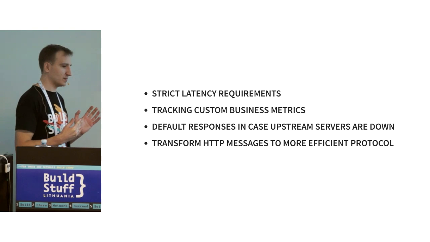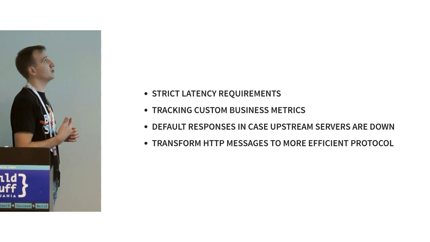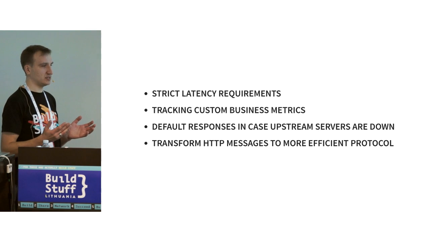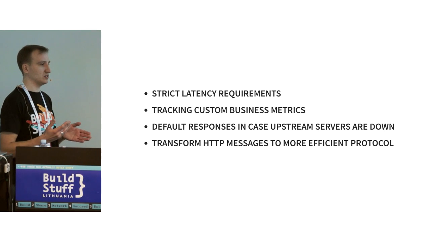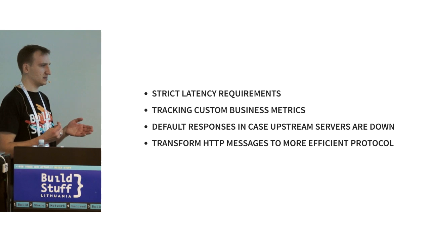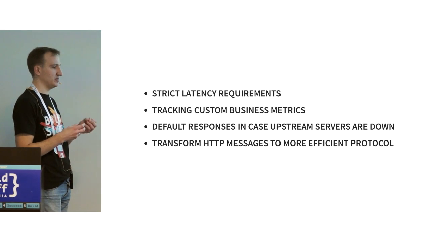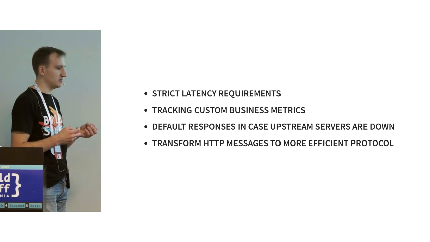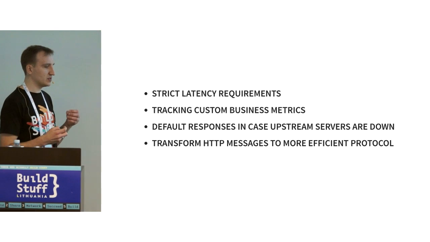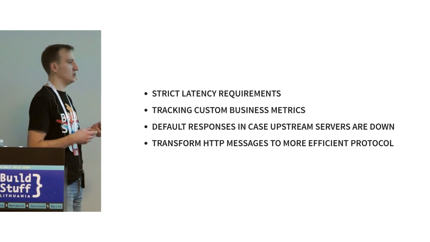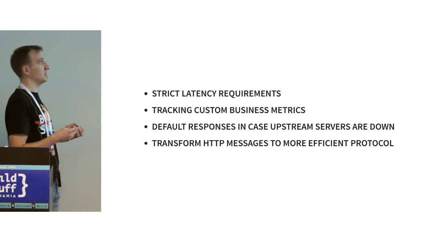Also, if you want to track your custom business metrics, Nginx is actually the first layer that gets hit, and you can start measuring the latency, start looking into what data it has, and update your business metrics.